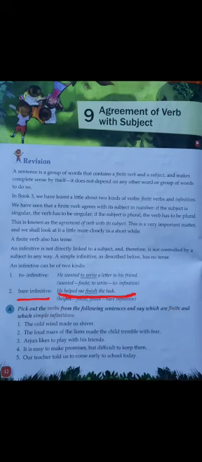Helped. The verb helped will be changed according to the person or the number, he. If in the place of he, it is written, and the sentence is like, it will help me finish the task. Is that the correct sentence? It will.